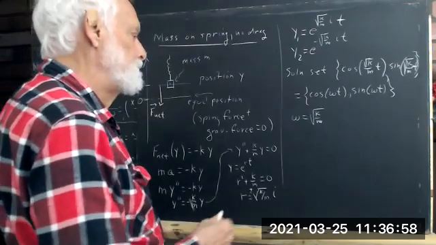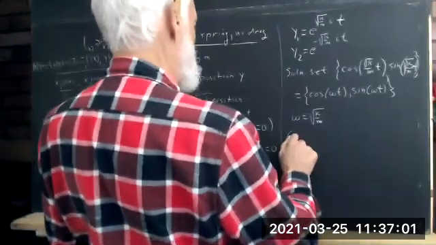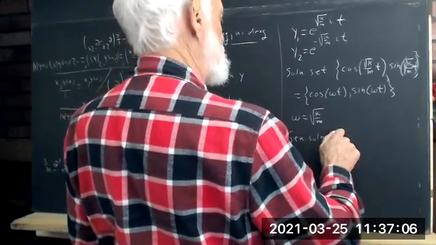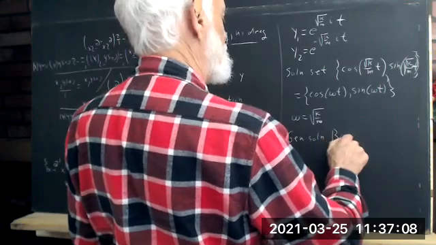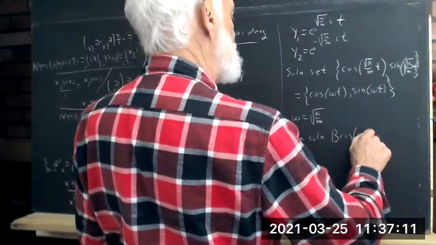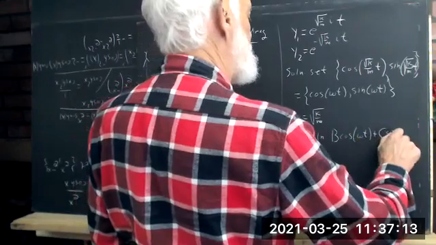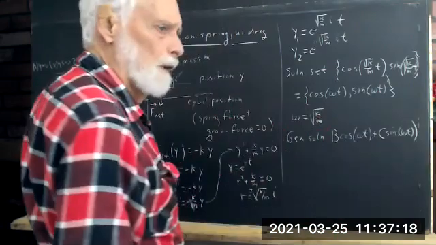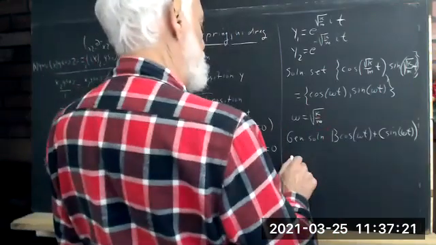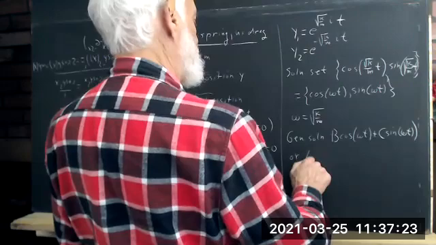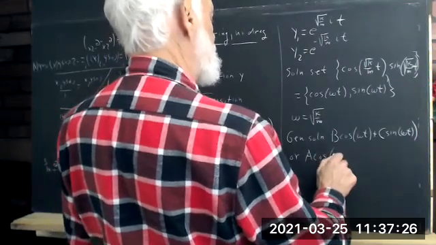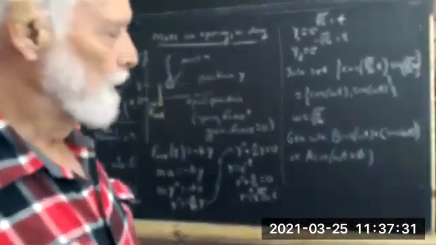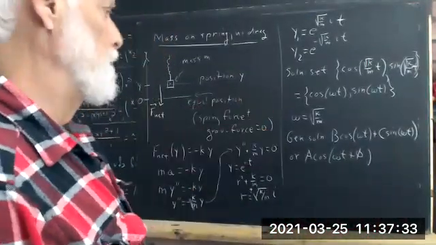Interpretation: B cosine omega t plus C sine omega t, or A cosine of omega t plus phi, for reasons that I think we're familiar with based on what we did previously.